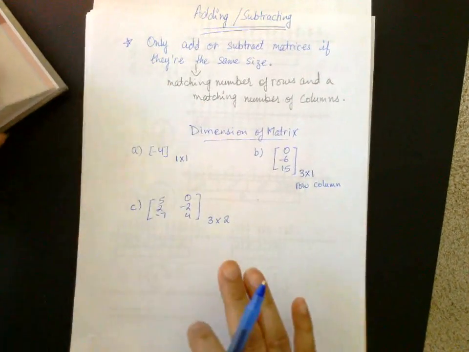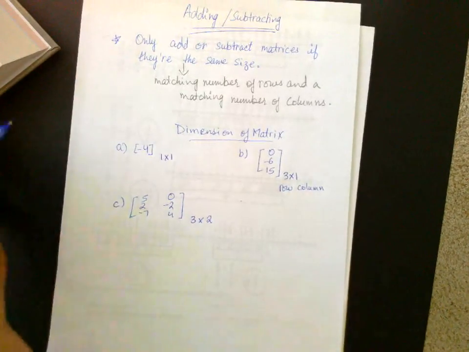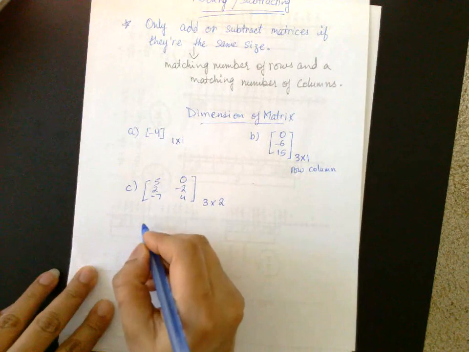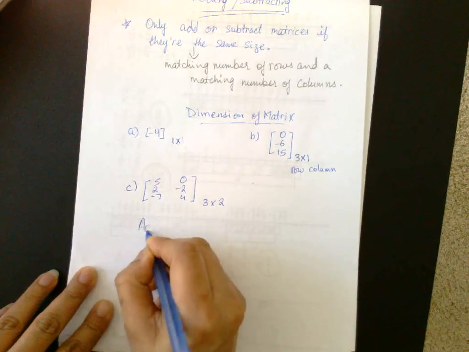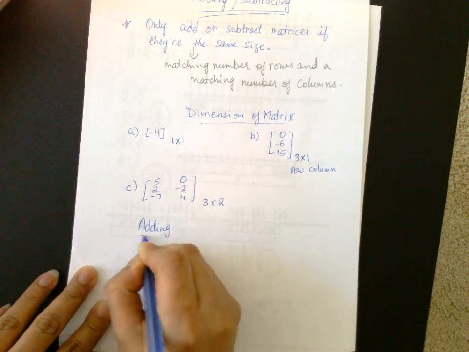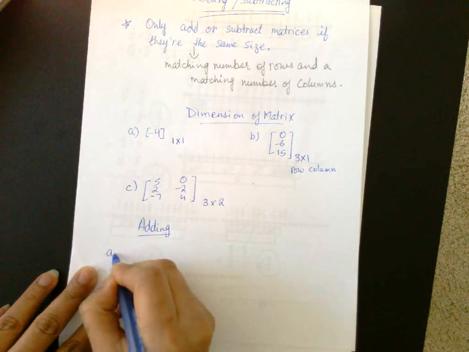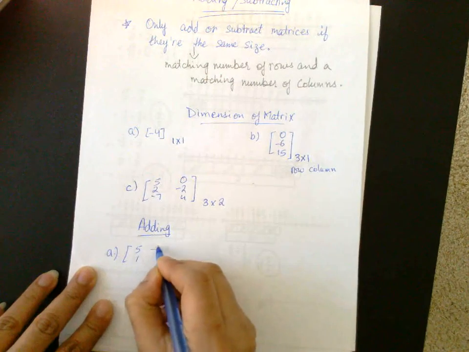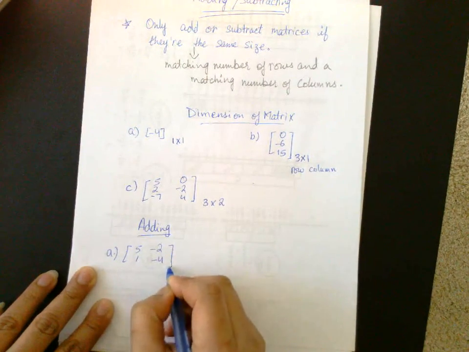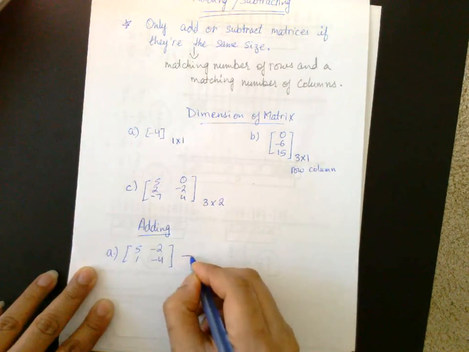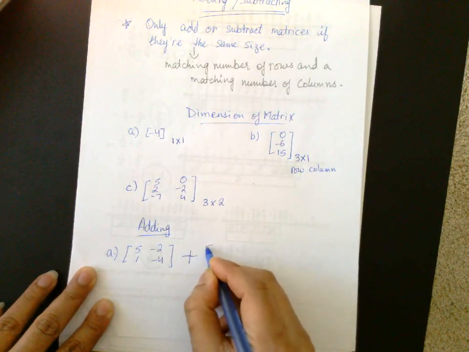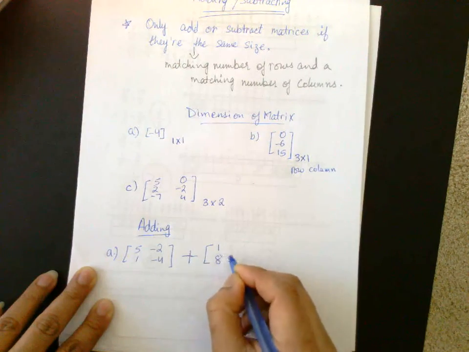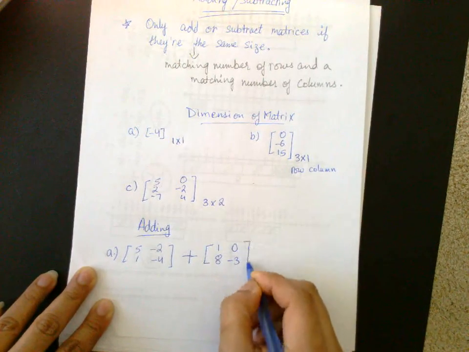Let's try this example of adding. The question says 5, 1, negative 2, negative 4, and you need to add it to another matrix, which is 1, 8, 0, and negative 3.